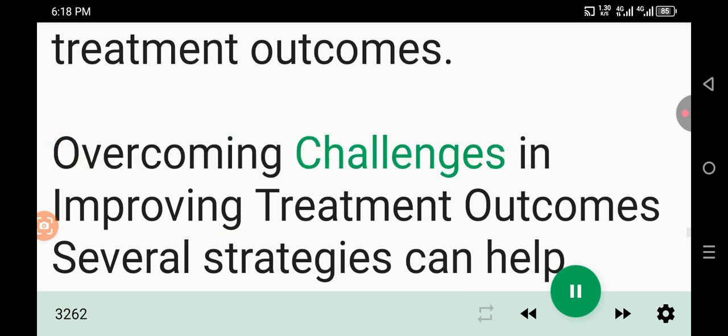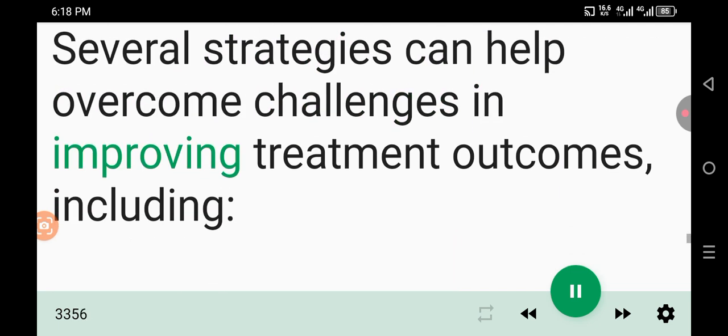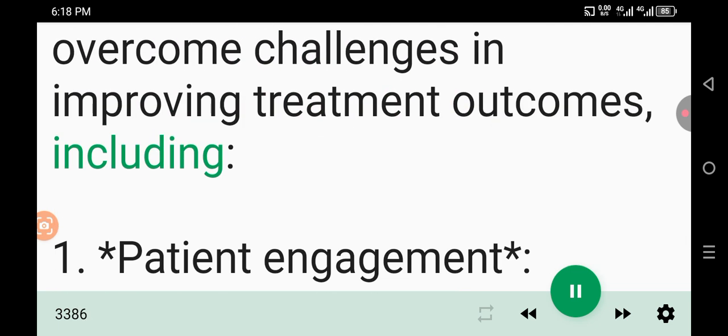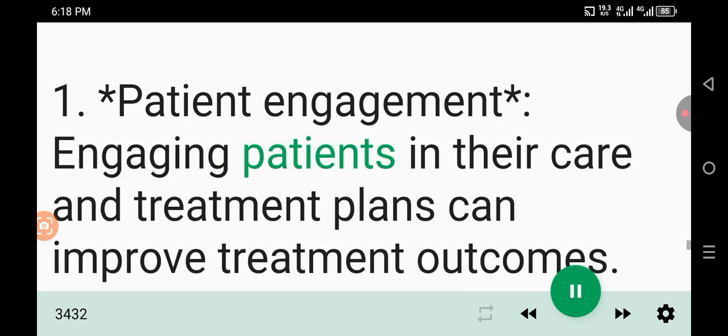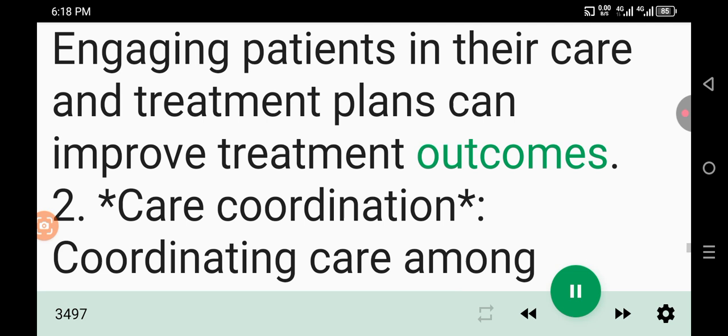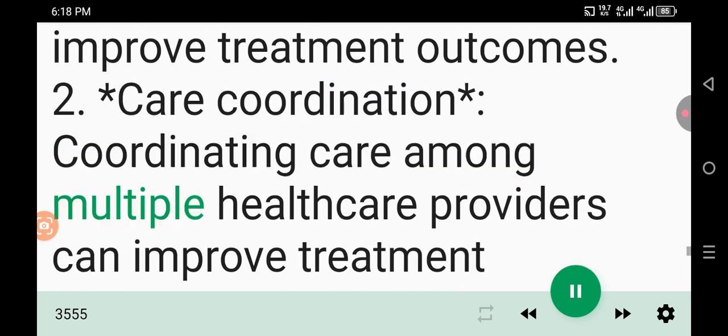Overcoming challenges in improving treatment outcomes. Several strategies can help overcome challenges in improving treatment outcomes, including 1. Patient engagement. Engaging patients in their care and treatment plans can improve treatment outcomes. 2. Care coordination.